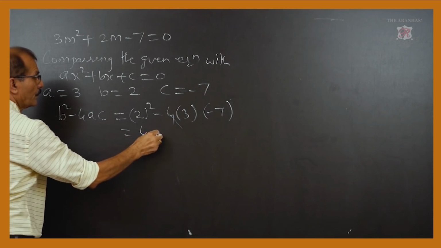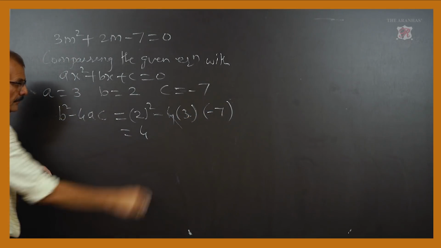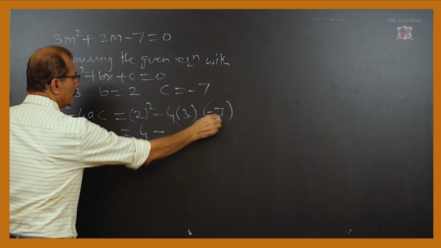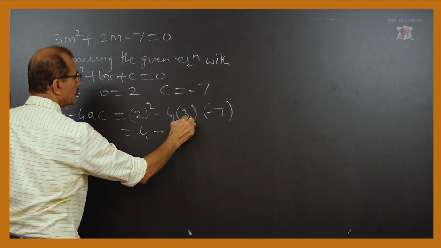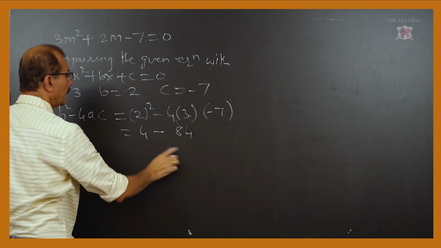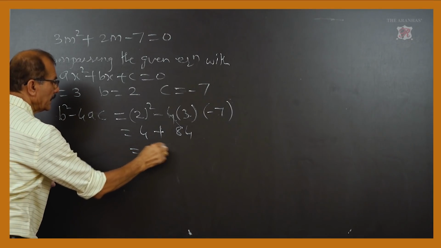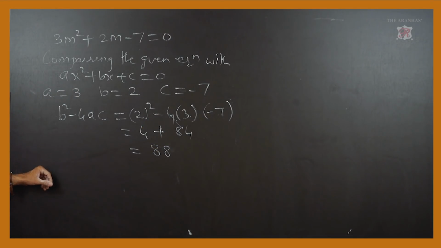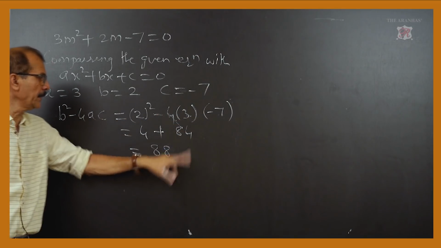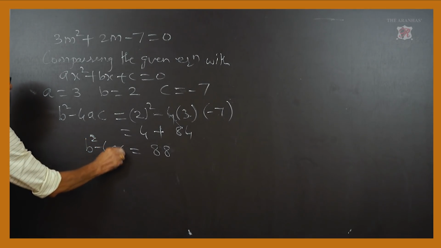This is equal to 4, minus into minus plus. So, 4 3s are 12, 12 7s are 84. So, you get here b square minus 4ac as 88.